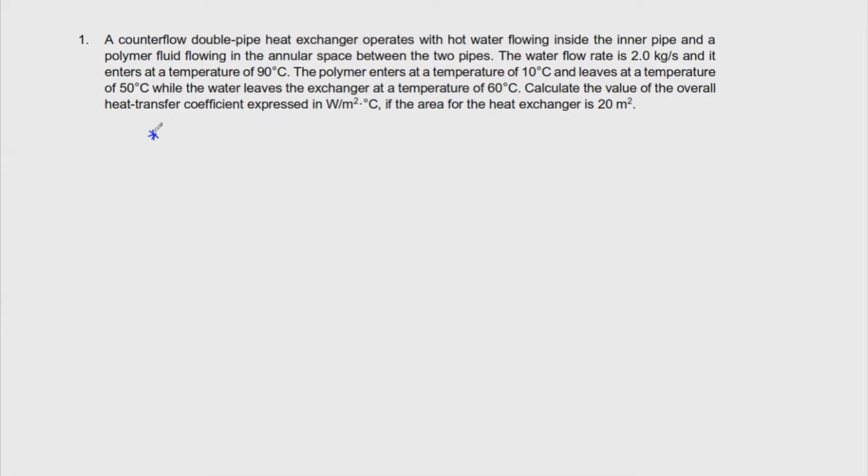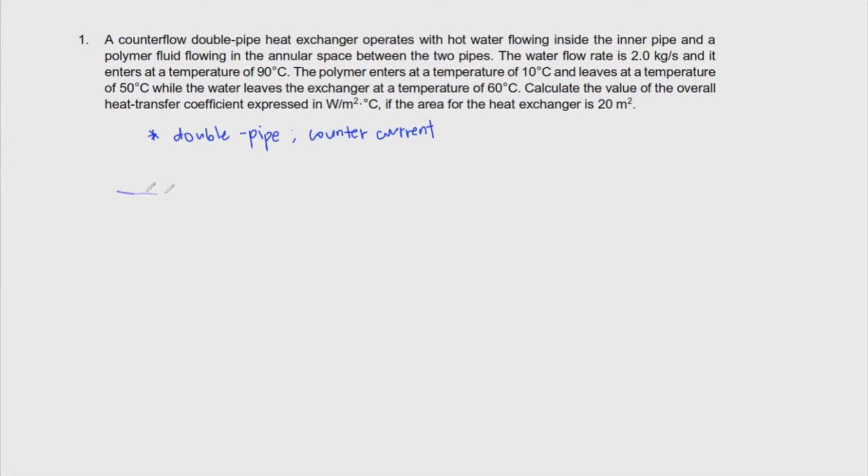So, pag sinabi natin condition, kung ano ba yung type ng heat exchanger na ginamit and the flow of the fluids. In this case, we have a double pipe, and the flow of the fluid is countercurrent. So ibig sabihin nito, magka-opposite yung direction ng ating fluid flow.